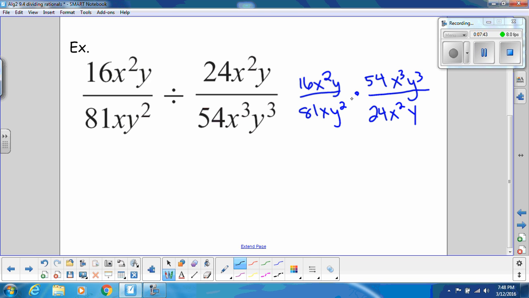All right, so I'm looking at 16, 81. None of these are multiples of each other, but if I think about what are the factors of 16 and 24, I know I just said 16 can't go into 24, so I'm not going to split this up into 1 and 16. But if I think of the next highest one, 8 goes into 24, so I'm going to rewrite this as 8 times 2.